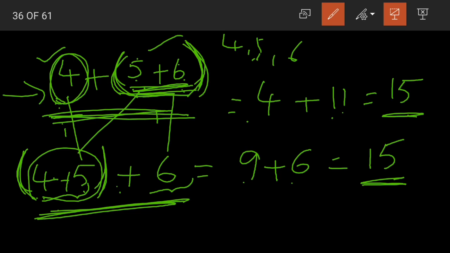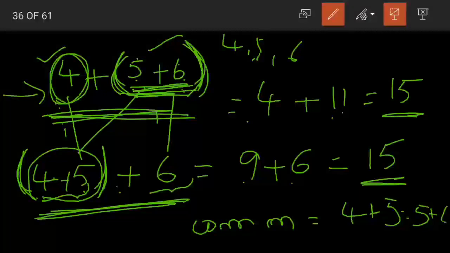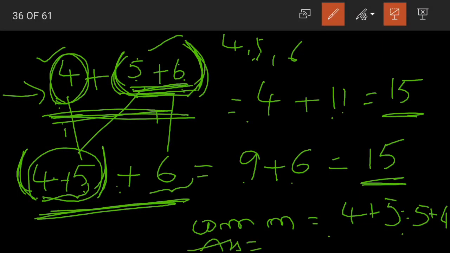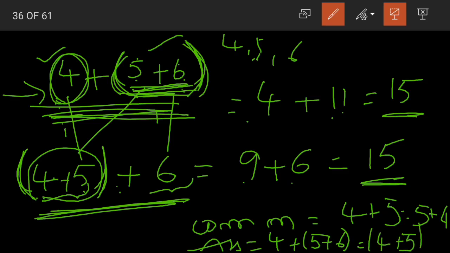Yes, the difference between associative and commutative is, in commutative we have only two numbers, say 4 plus 5 which is equal to 5 plus 4. But in associative we have three numbers. 4 plus (5 plus 6) will be equal to (4 plus 5) plus 6.